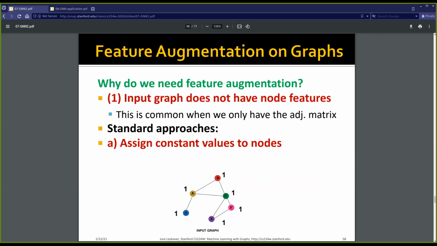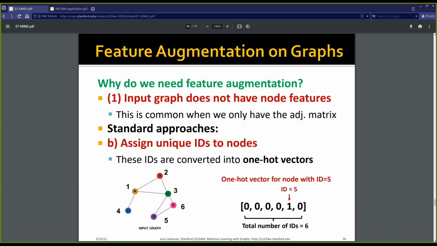And regarding the first one, feature augmentation, what can we do? For example, if we do not have any node features, we can just assign constant values to all nodes, or we can assign a unique ID to every node, for example, as a one-hot vector.